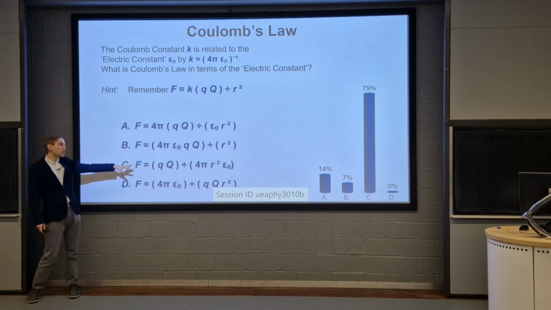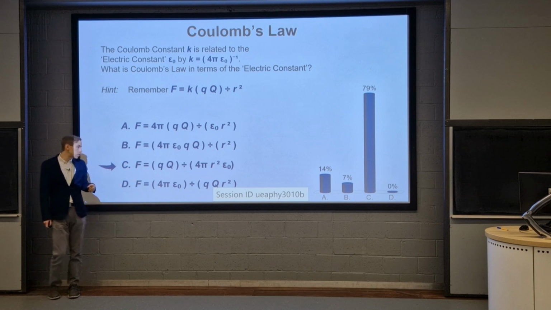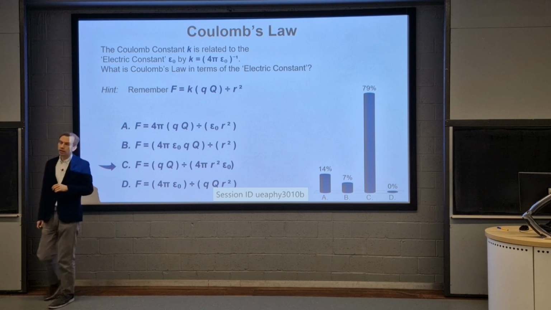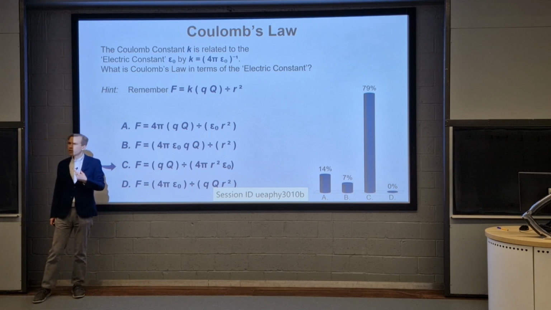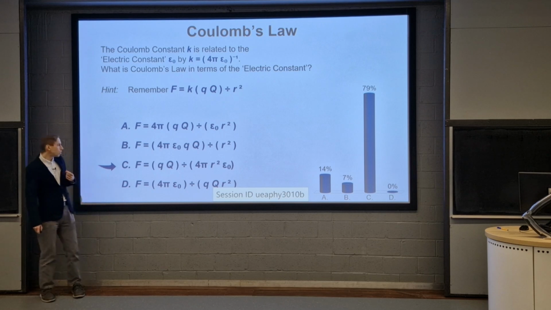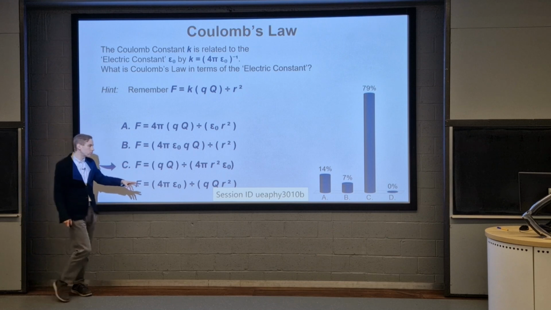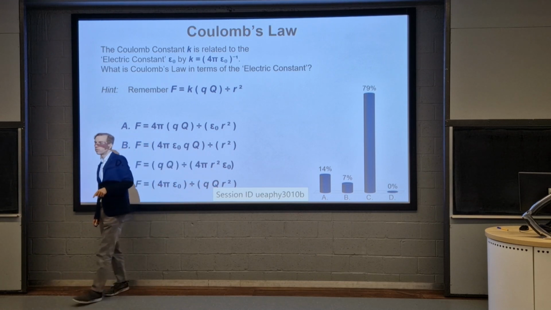So this is just another way that you might see Coulomb's law written down. Instead of the Coulomb constant, you might see it written down with this 4 pi epsilon naught r here. Now this is where it gets a bit interesting, because we start with our force law, and then suddenly we've got this 4 pi r squared business turning up in our force law.